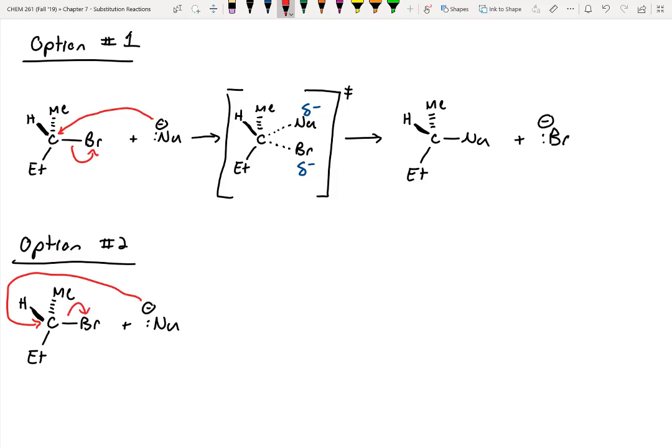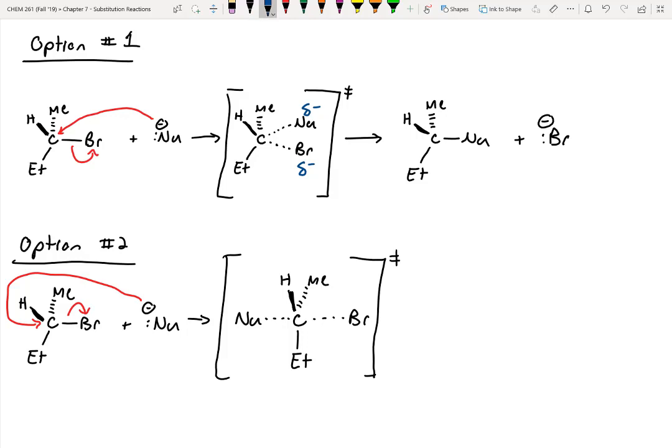So it swings around, attacks the back side, and then kicks off that leaving group. Let's consider this transition state. In this transition state, the nucleophile is going to be forming a bond to this carbon. Hydrogen's going to be sticking up like this. Methyl group's going to be like that. Ethyl group's going to be sticking down. And then bromine will be off here.